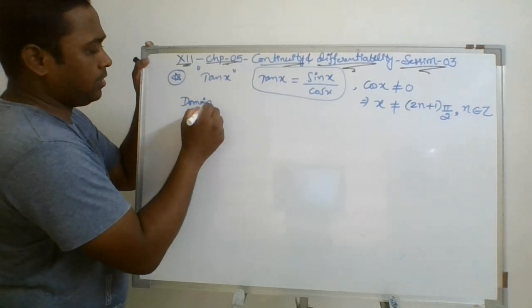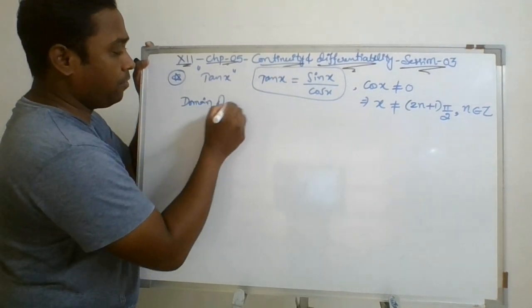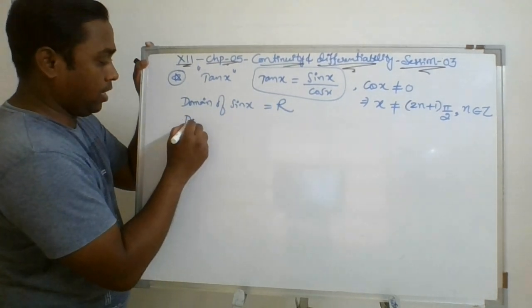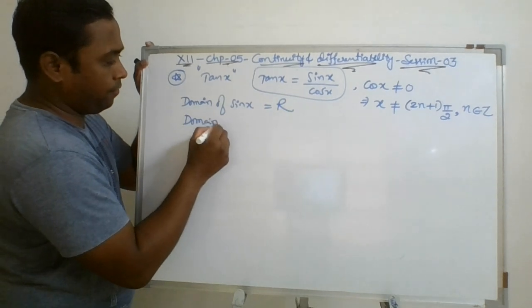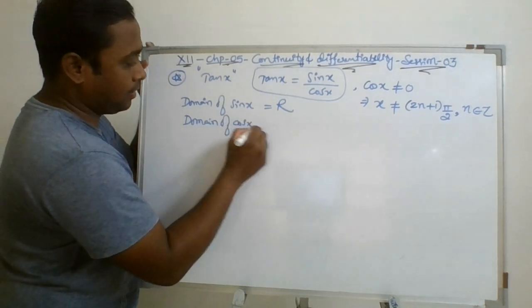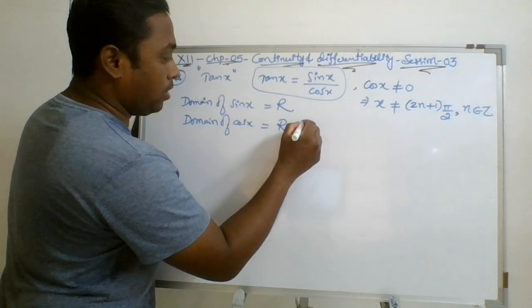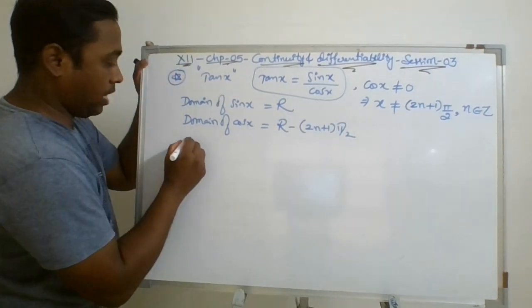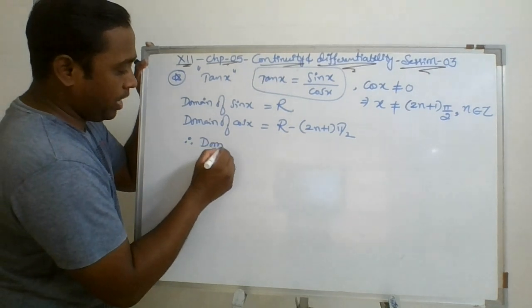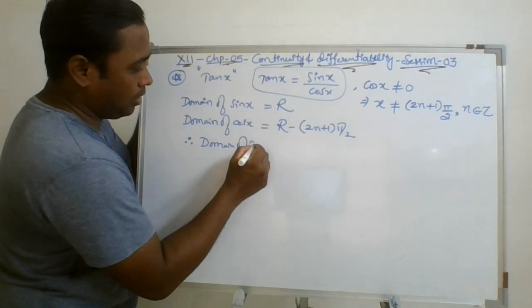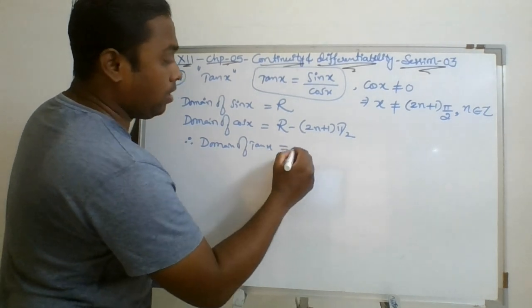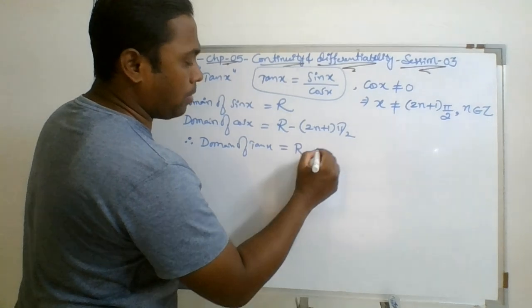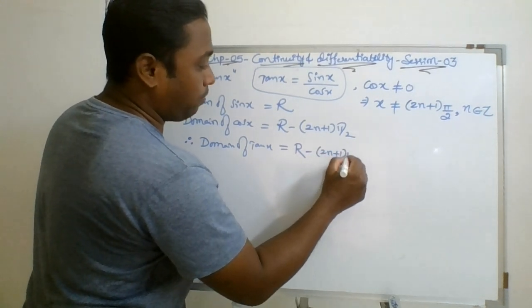Therefore, the domain of tan x will be the intersection of these two, that is R minus odd multiples of pi by 2.